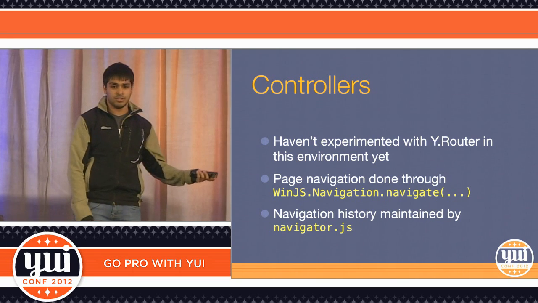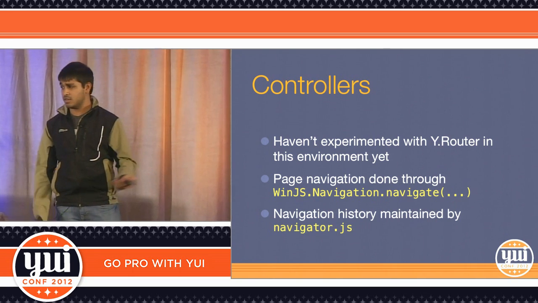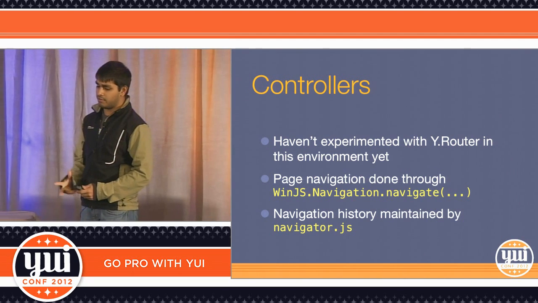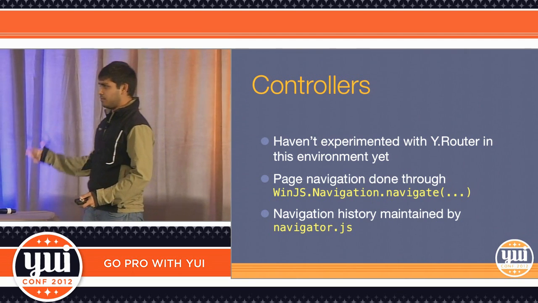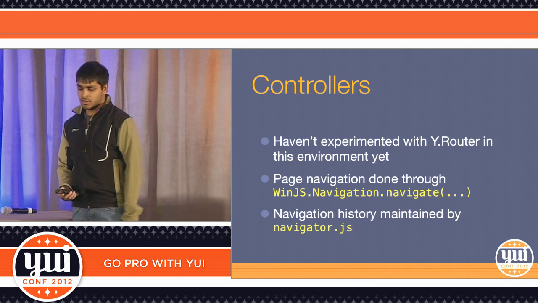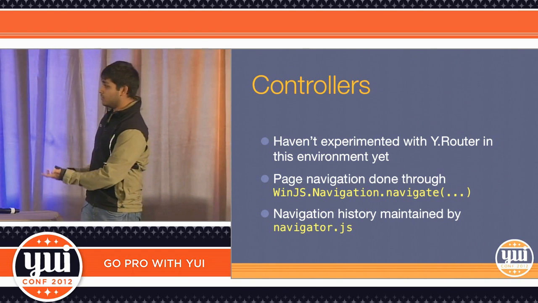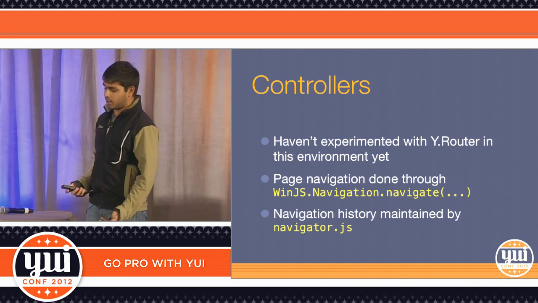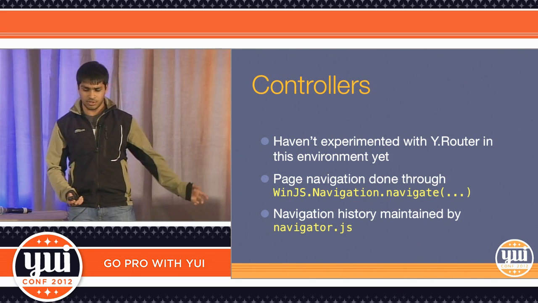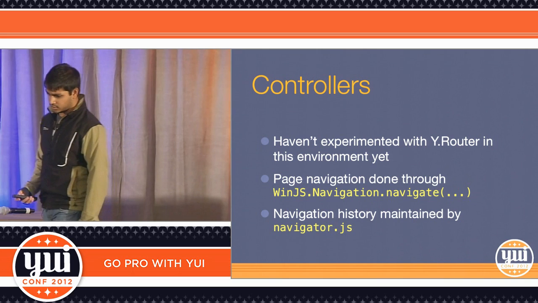Page navigation has to be done using WinJS APIs anyways. And navigation history is already maintained by this navigator.js file that you get for free. So for now, I haven't fooled around with controllers. Maybe I'll change my mind if I do, but for now, I didn't find anything wrong with using the standard stuff that's provided to me by the project.